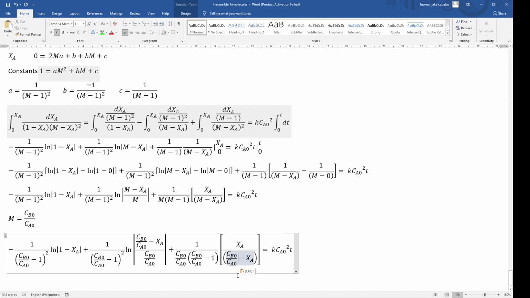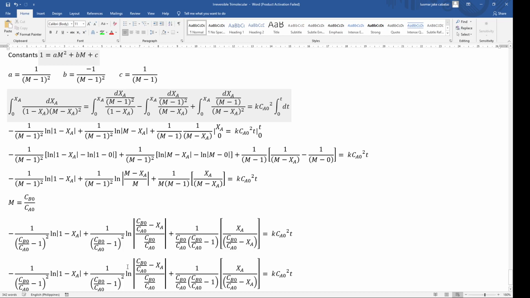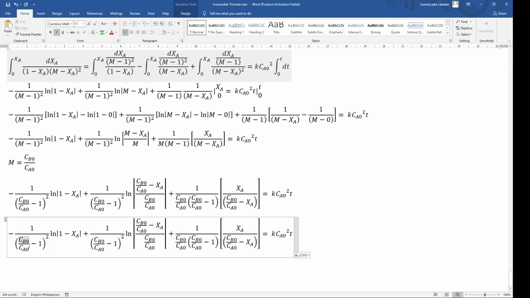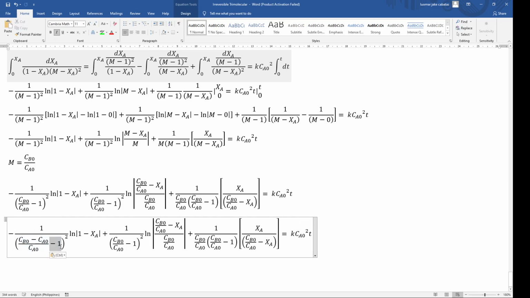Then from here on up, it's just plain simplification of the equation. So this one will become C_BO minus C_AO.